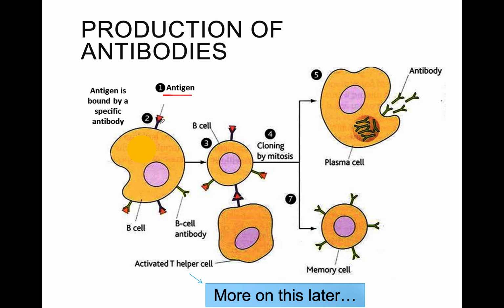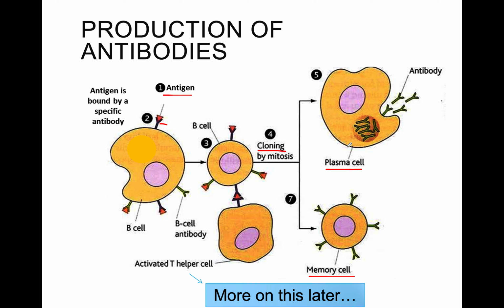This is the antibody on the surface of a B cell. That stimulates the B cell to undergo cloning, so there's a really rapid cell division by mitosis to produce lots of plasma cells and a few memory B cells.